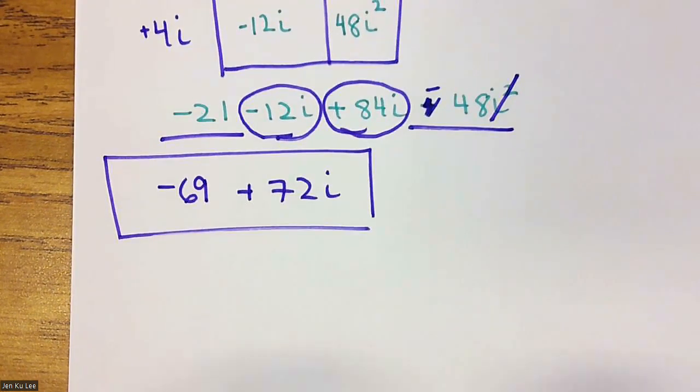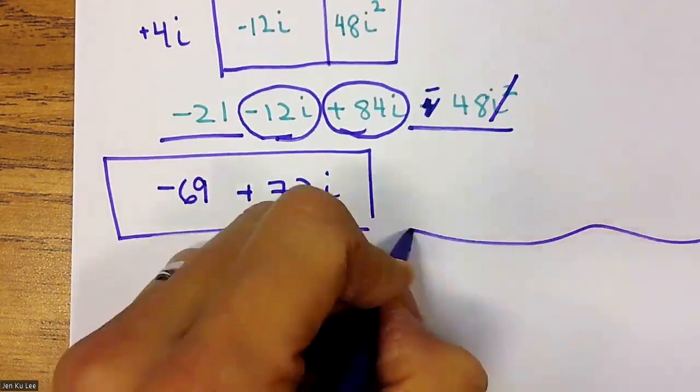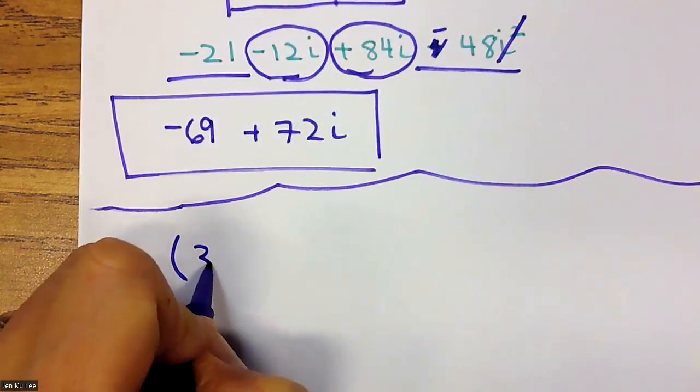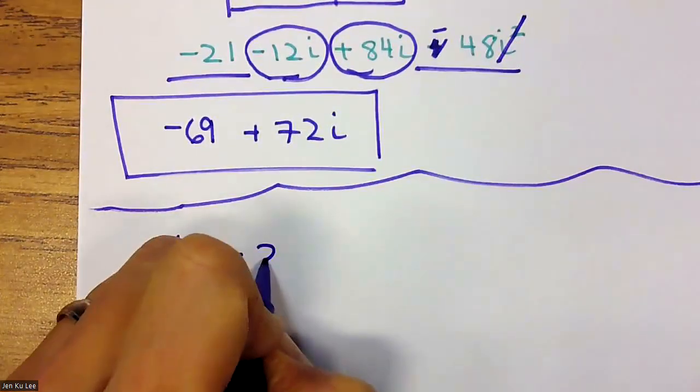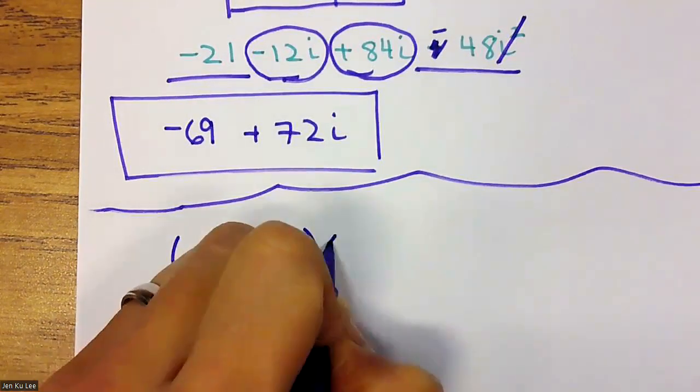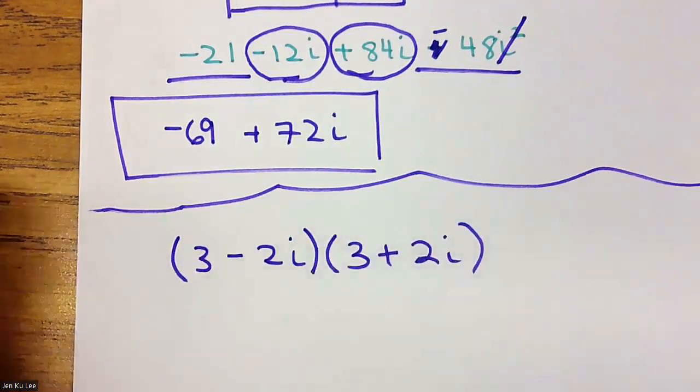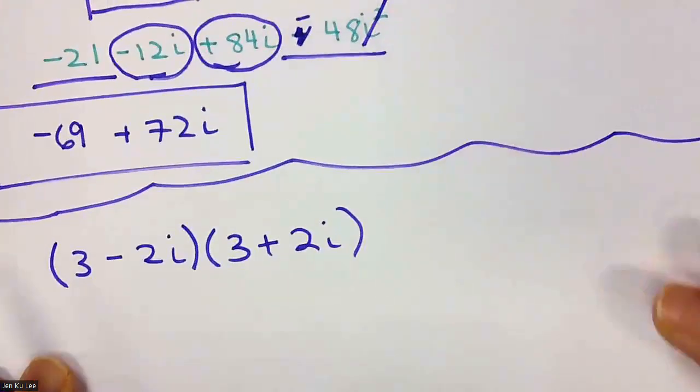I do want to cover one more multiplication. Okay. 3 minus 2i times 3 plus 2i. Now, before I go ahead and FOIL or box method this, what does this look like? It's a special form, right? It's a difference of squares, correct? Yeah, we see that?